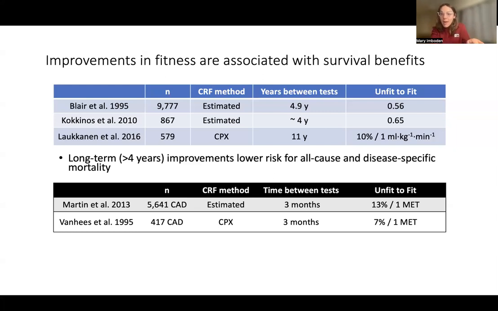For every 1 MET increase in exercise capacity or cardiorespiratory fitness, there was a 13% reduction in premature mortality in these cardiovascular folks. And in Van Hees, which measured it on a cardiopulmonary exercise test, with fewer people, we saw a 1 MET increase corresponding to a 7% reduction in premature mortality. So pretty cool.